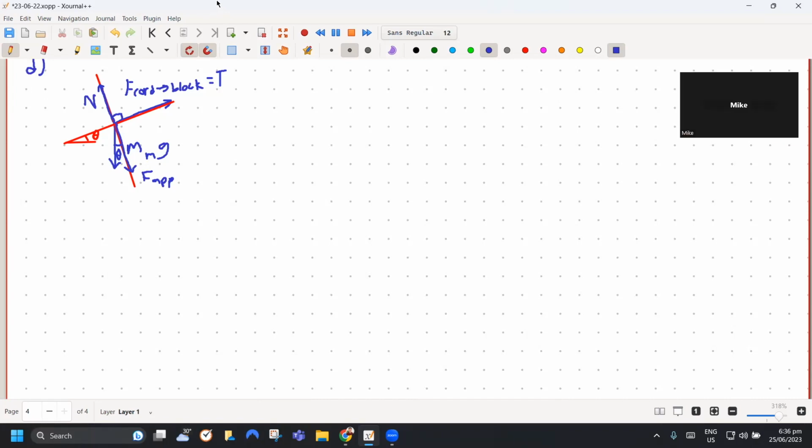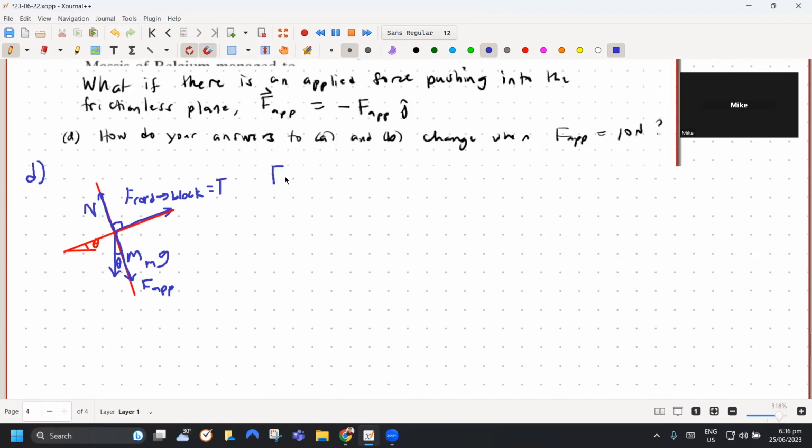So X components and Y components should give you 0 equals pag X components, and then 0 equals pag Y components.